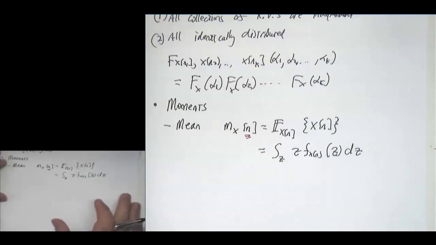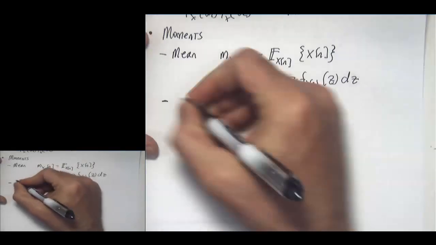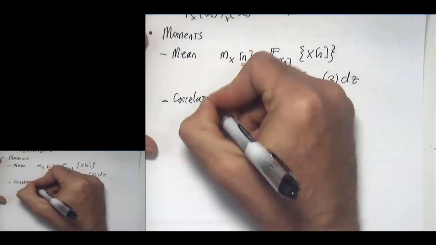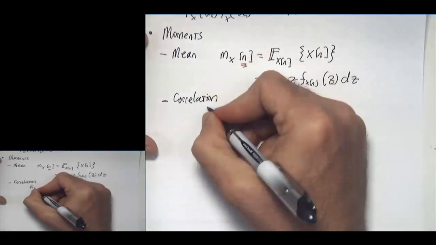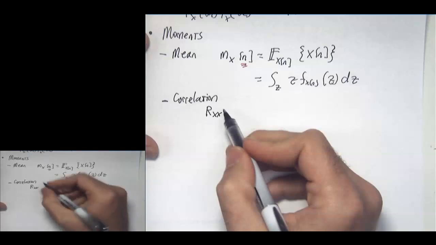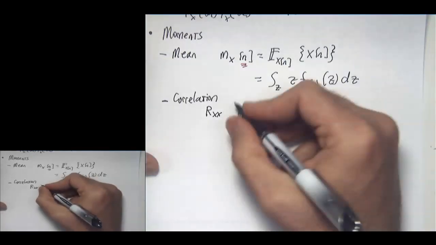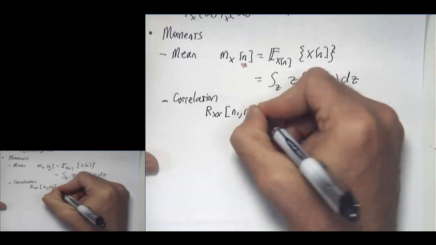We also need the correlation of a random process, which I'm writing r_XX, sometimes r_X, but usually r_XX, with two indices, n1 and n2.